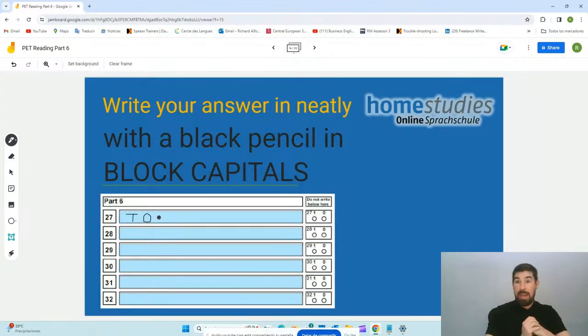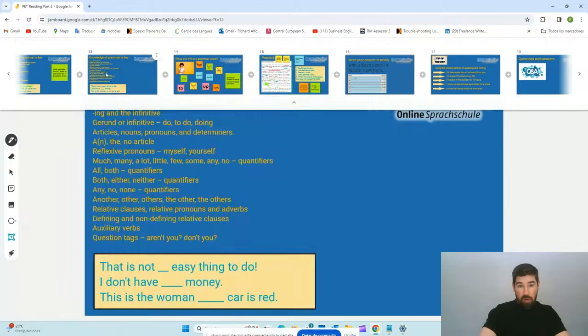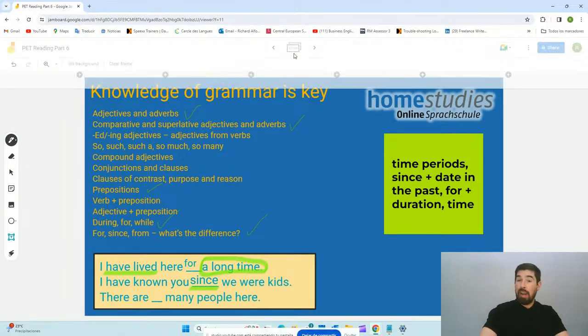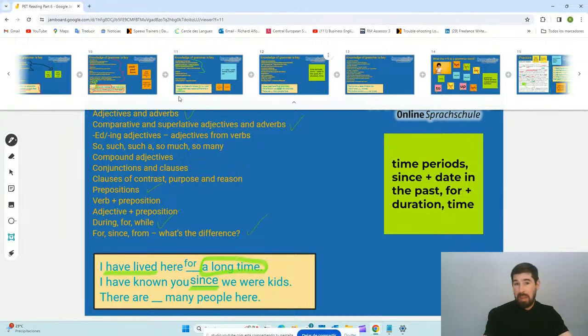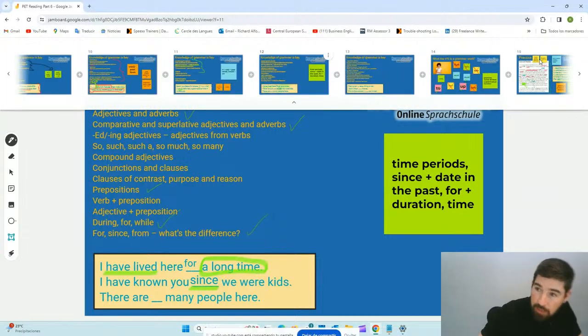That is the best and fastest way to do part 6. But before you even think about part 6, make sure you've got all of this grammar knowledge down. You can have another look through the video at the B1 grammar points that I've highlighted here, but you will find them in any good B1 book. It will cover all the grammar points that you need to cover. So I said that, let me move across.